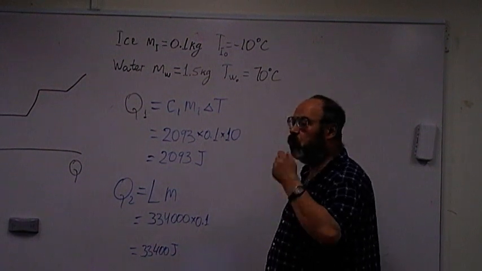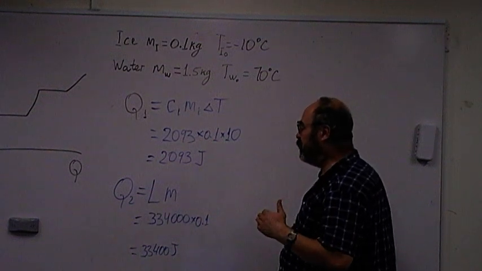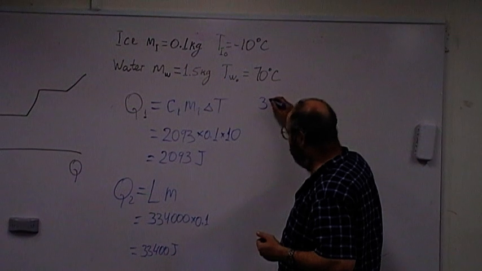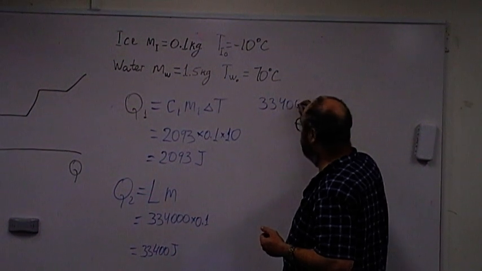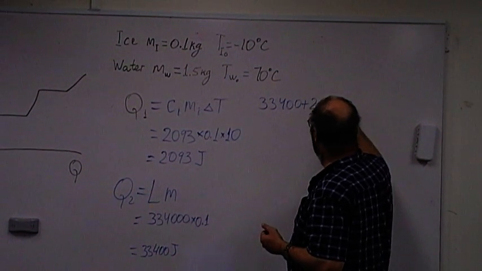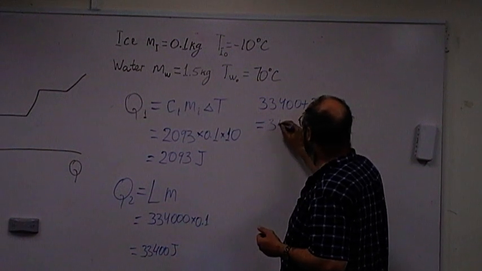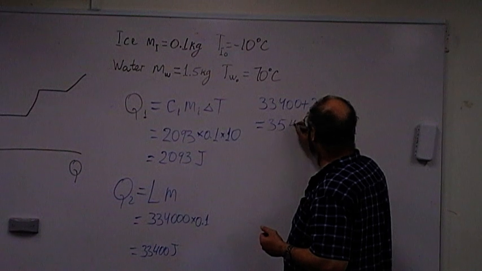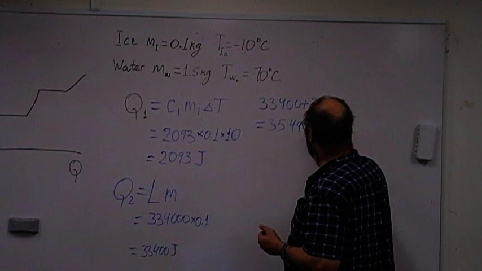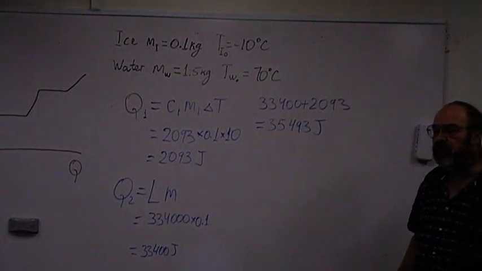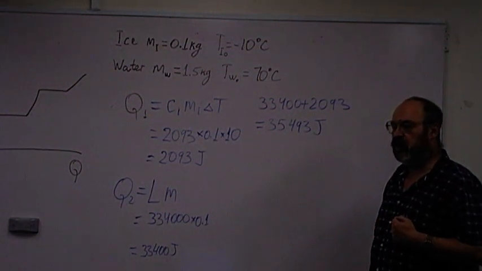So total to heat up and melt the ice from -10, we will need 33,400 plus 2,093 joules, so it will be 35,493 joules. That much heat is needed just to melt the ice.